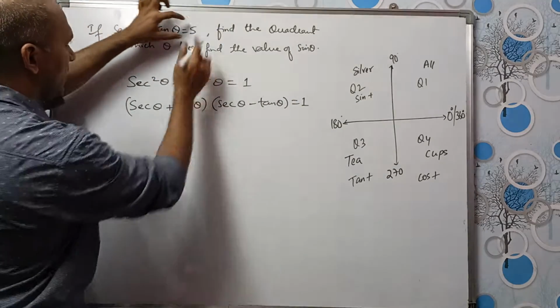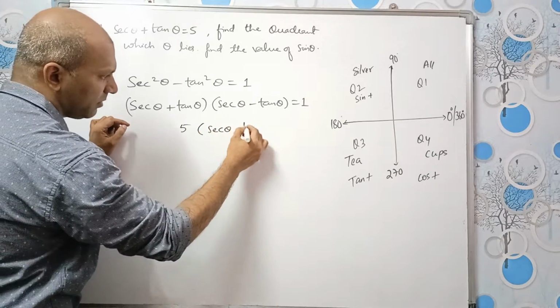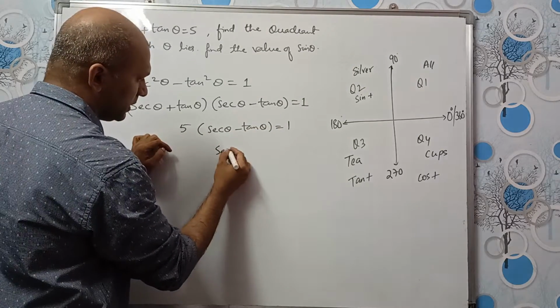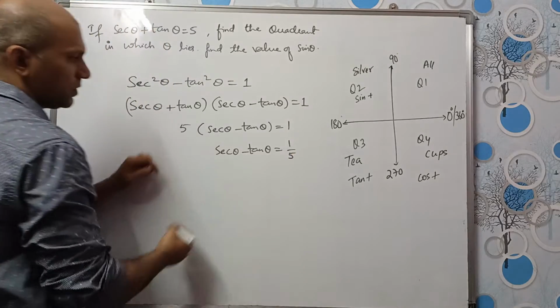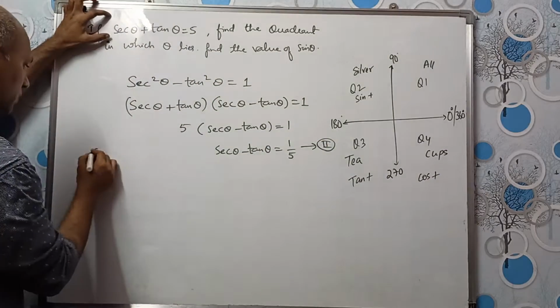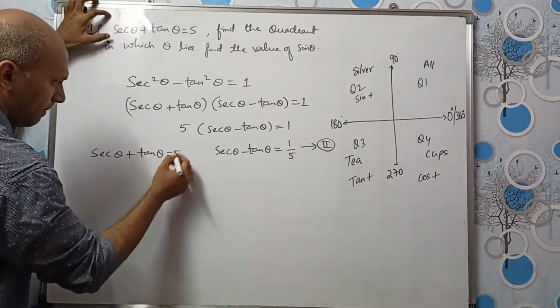And secant plus tan is how much given? 5. So this secant plus tan is 5 multiplied by secant minus tan is equal to 1. So this 5 goes on the other side, it will divide, right? So let this be equation 2, and the given equation, let us consider it as equation 1.